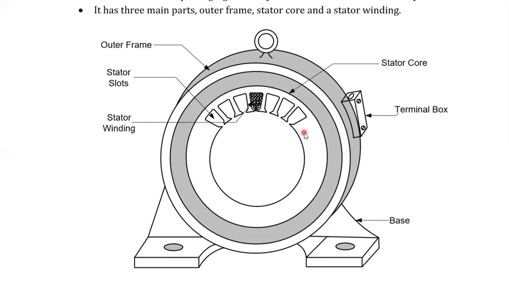That's why a single phase induction motor is not self-starting. Remember, because of only one winding, the rotating magnetic field is not developed in the stator of the induction motor.